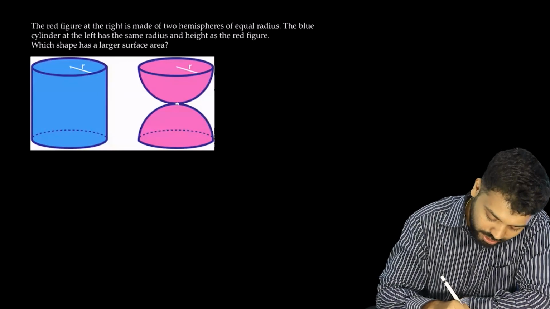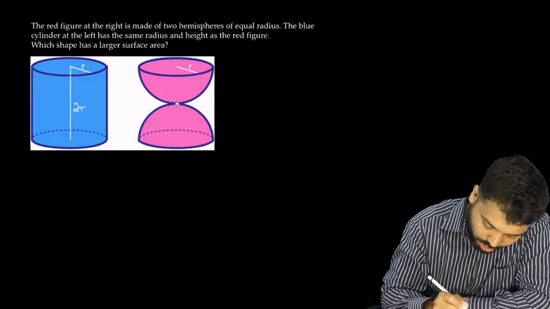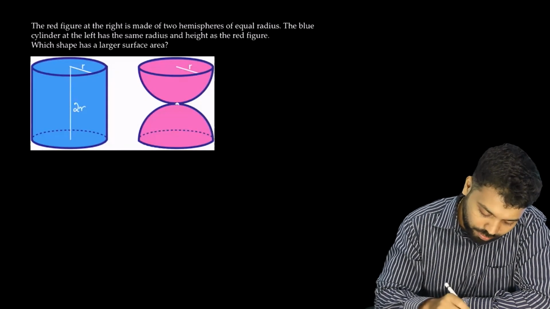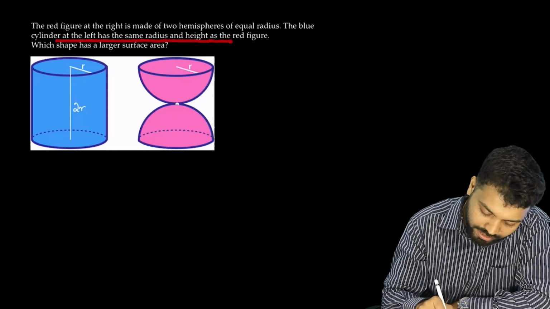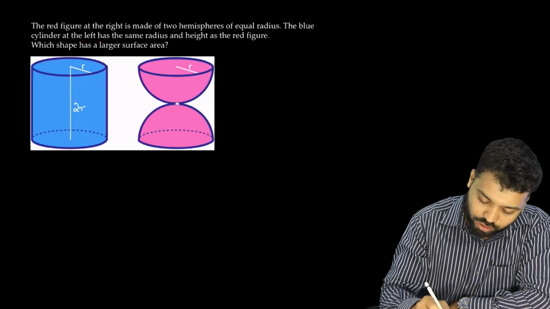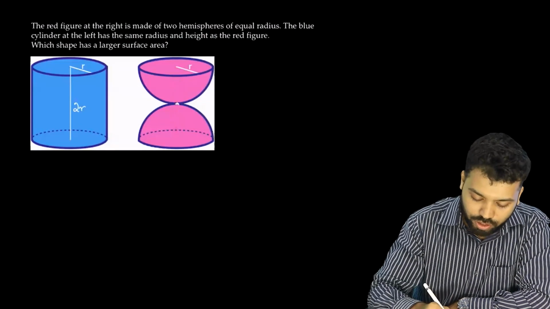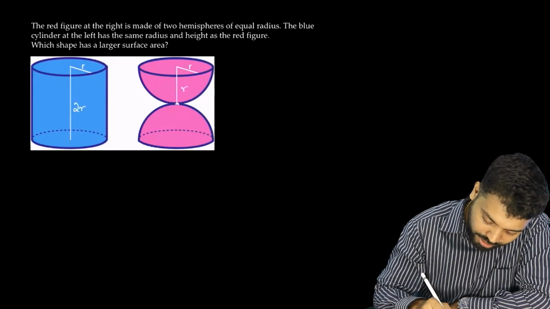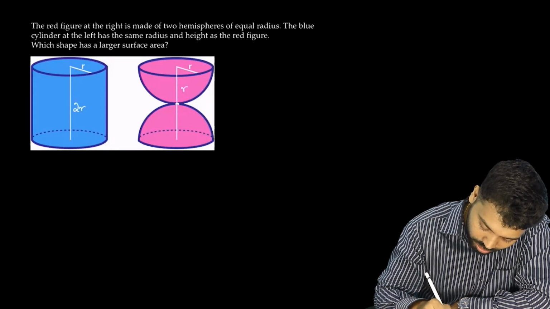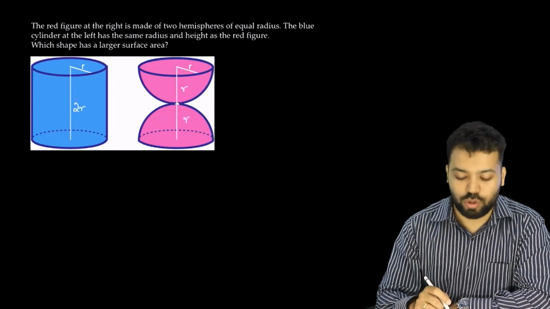So this height is 2r, because they have told us the cylinder at the left has the same radius and height as the red figure. Why is this 2r? Because this is the radius of half of the sphere, and this is also the radius of the other half of the sphere. So the height of the cylinder is 2r.